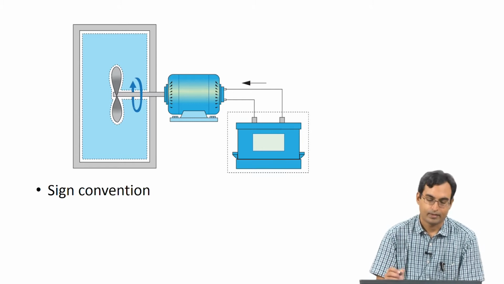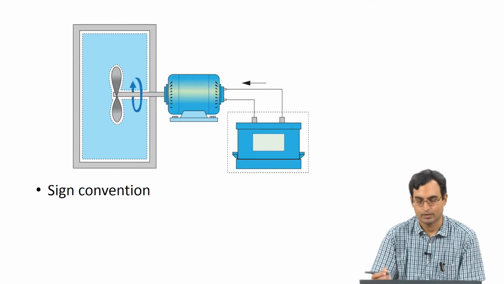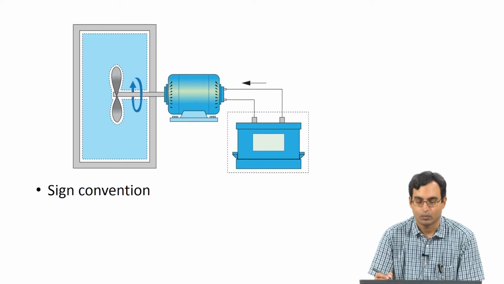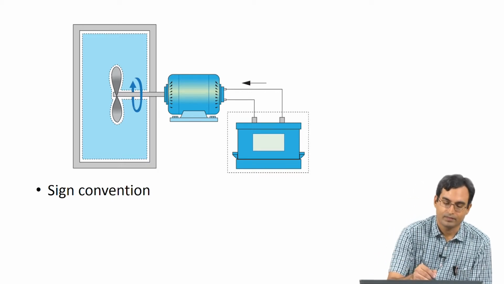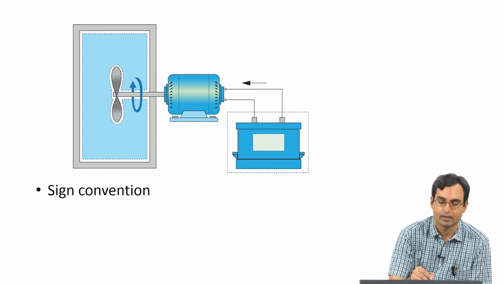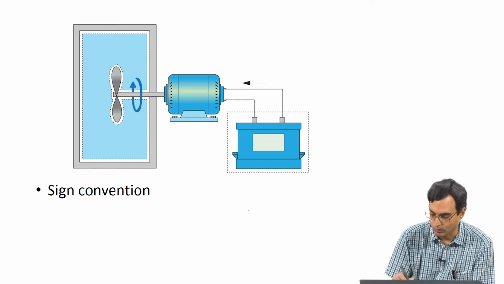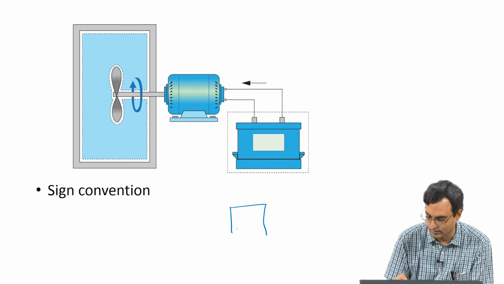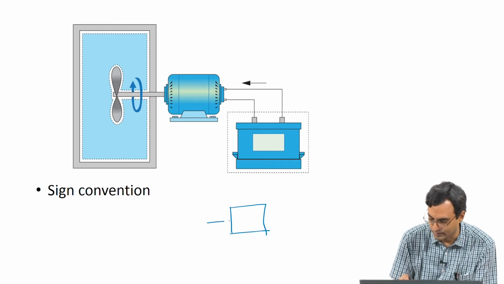So, this definitely does not look like there is any weight or any work which is done, but what I could do is, supposing instead of this fan I had a weight. I have this motor, I have this shaft.